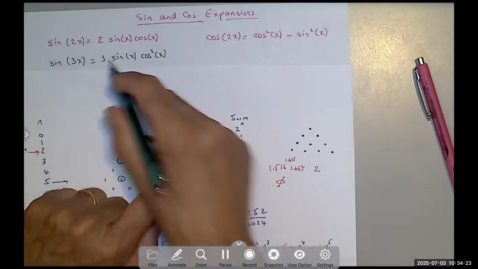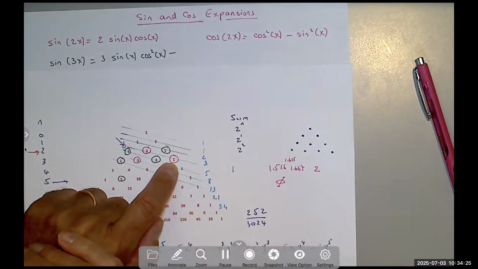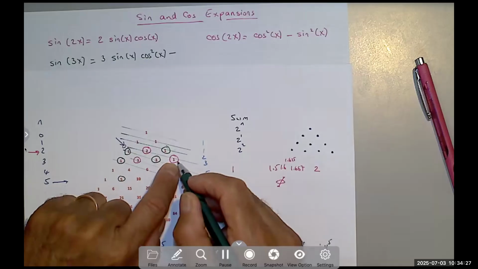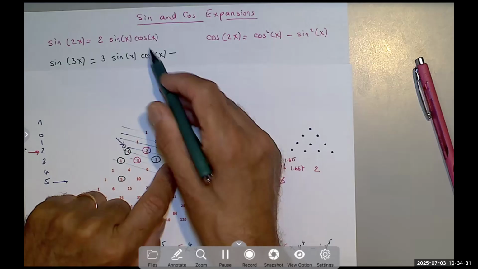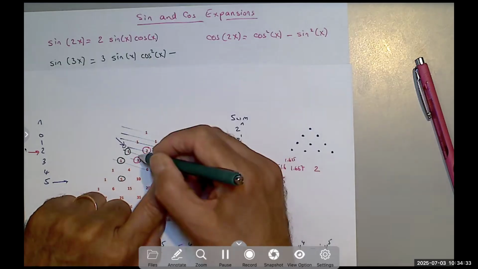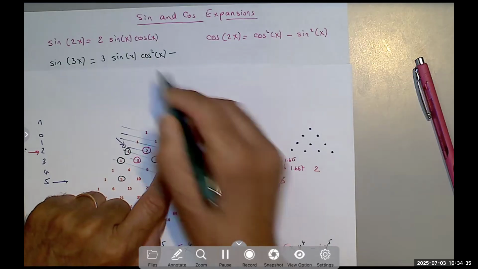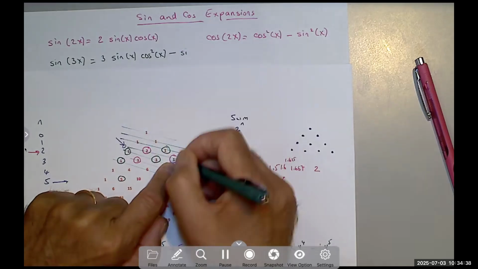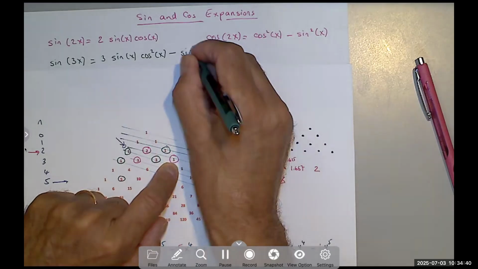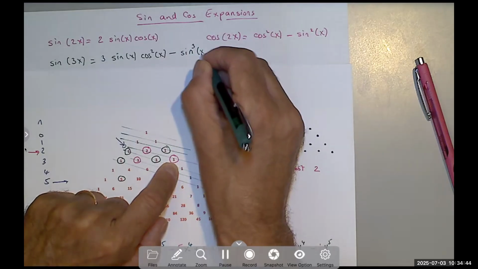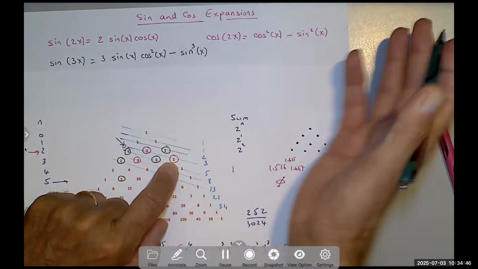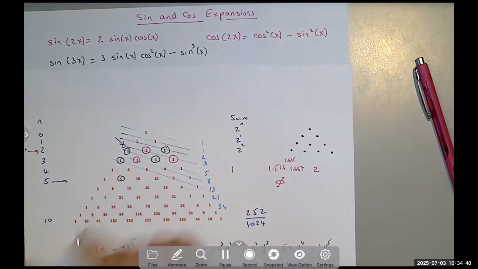So the first entry is positive, the second entry would be negative. And this one, I increase the sine by 2 and decrease the cosine by 2. Why? Because I jumped 2 steps. So that would be sine, notice it's 1, I don't write the 1. I increase the sine by 2, it becomes cosine cube of x. I decrease this by 2, so there is no cosine. And that's the expansion of sine 3x.